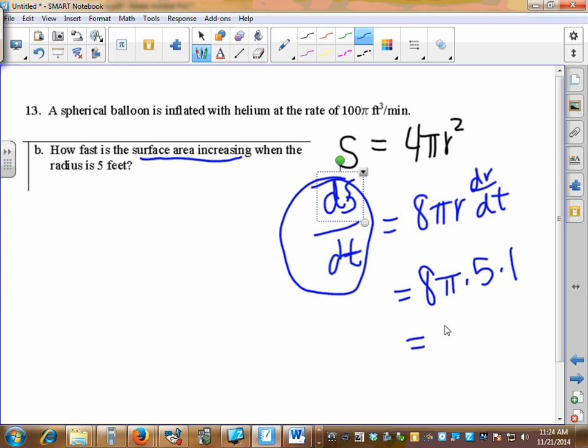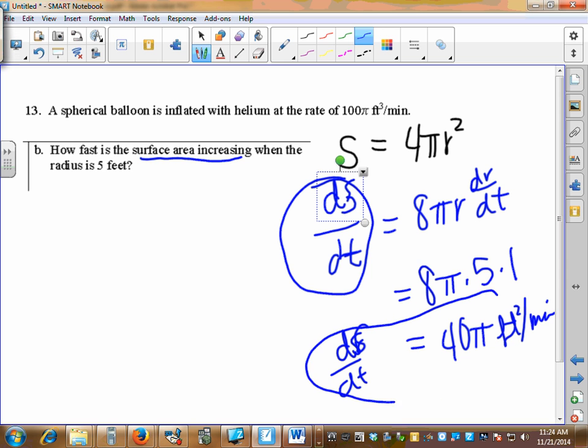So dS/dt will be equal to 40 pi. Okay, surface area is in what units? Feet squared, and what's the time? Minutes. All right, so that would be our answer.